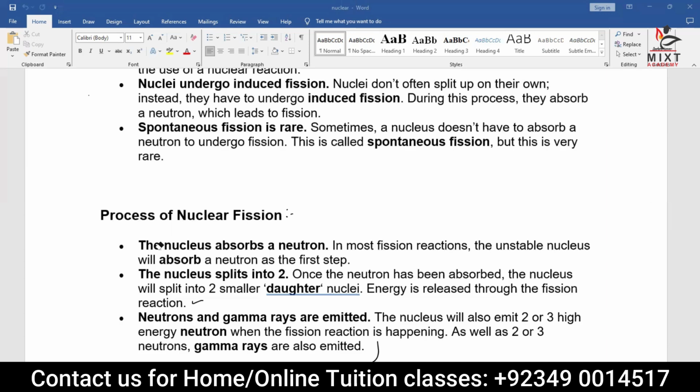Next, the nucleus will also emit two or three high energy neutrons during the fission reaction, and along with the two or three neutrons, gamma rays are also emitted.